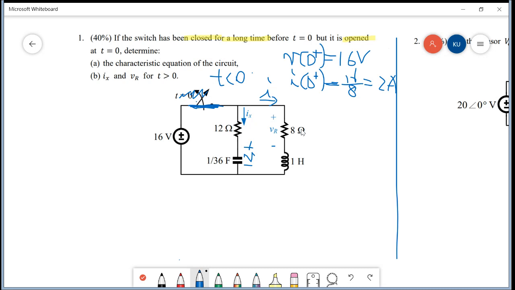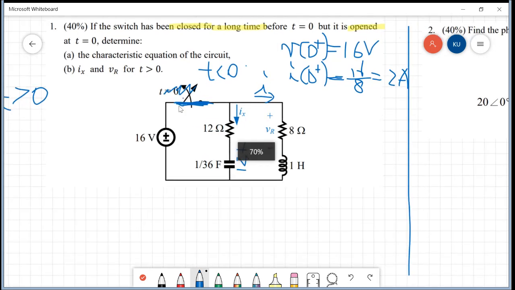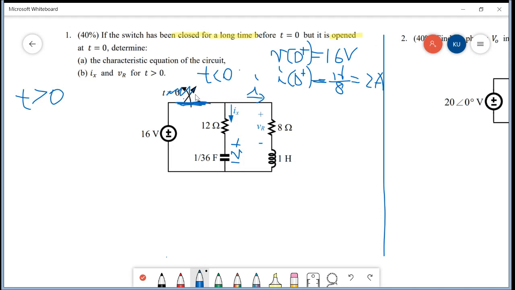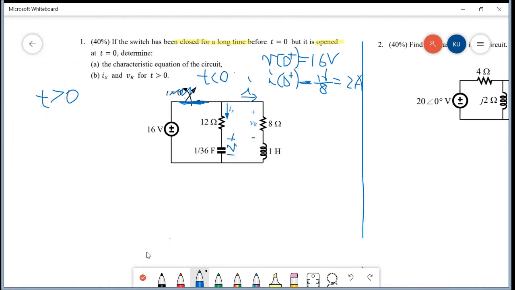And in this case, we can draw the circuit for t larger than 0. As long as the switch is open, we can just ignore this part, and the circuit will look like this: 12 ohms in series with 1 over 36 farad, and this is 8 ohm.